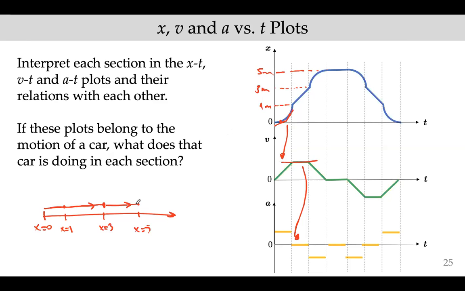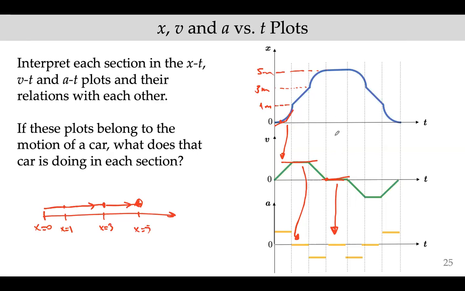So if this is the point where it stops, then that means the velocity goes to 0 here. Let's look at the velocity graph. Yes, indeed, it goes to 0. And then it stays 0. The velocity stays 0, because if you stopped here and you are just staying here, the velocity should be 0. And if the velocity is not changing, the acceleration is 0.